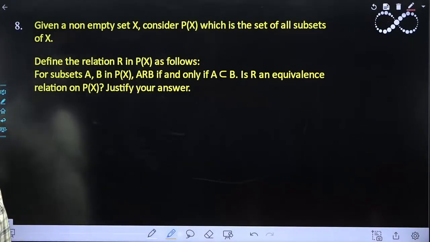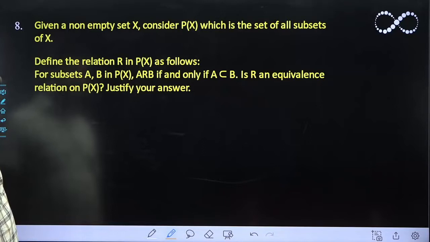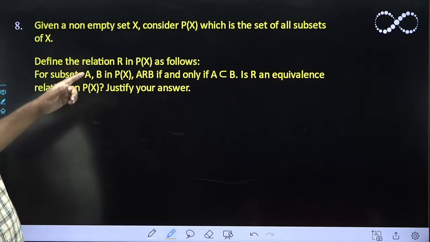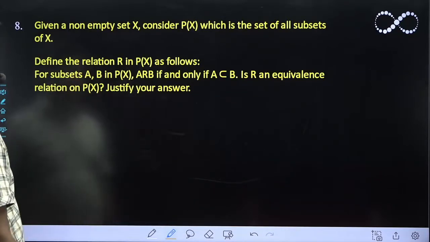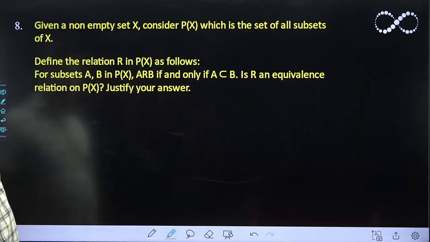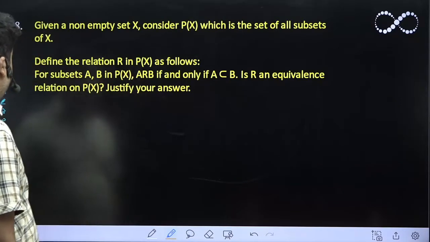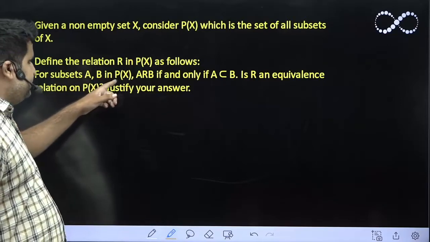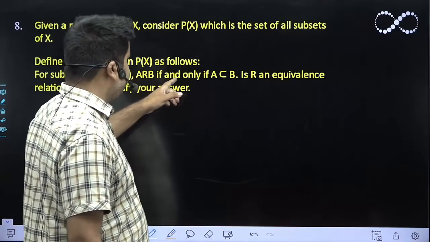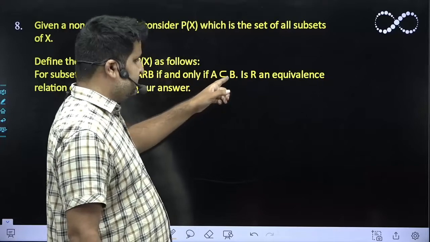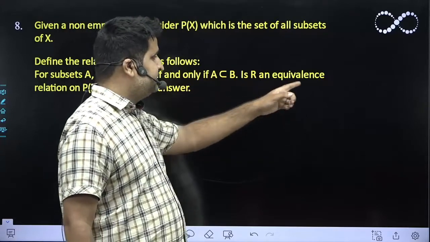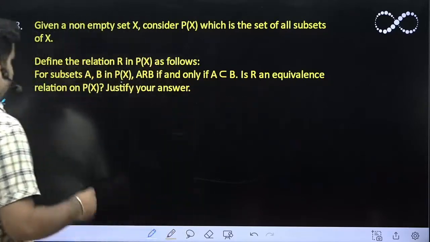Let a non-empty set X. Consider P(X), which is the set of all the subsets of X. Define a relation R in P(X) as follows. For subsets A, B in P(X), A R B if and only if A is a subset of B. Is R an equivalence relation on P(X)?